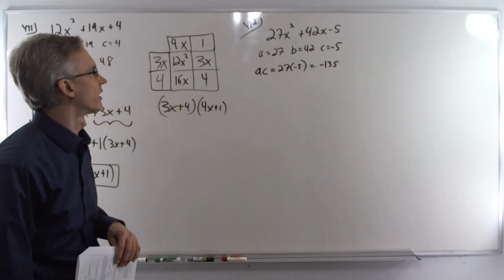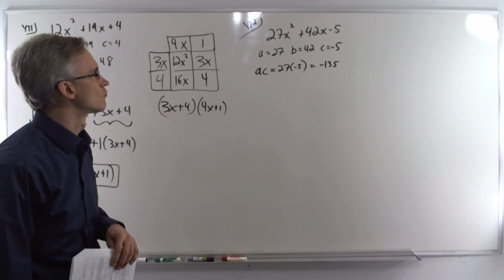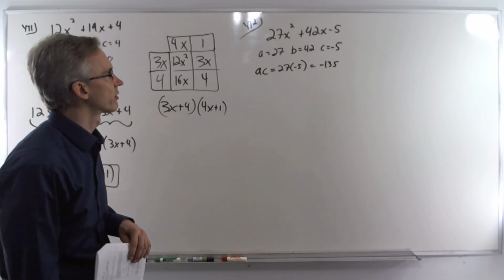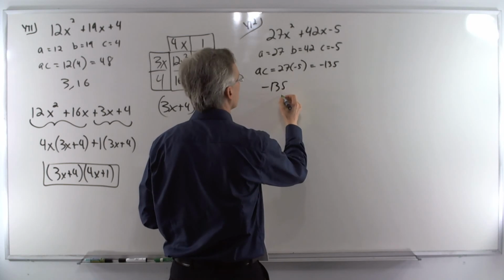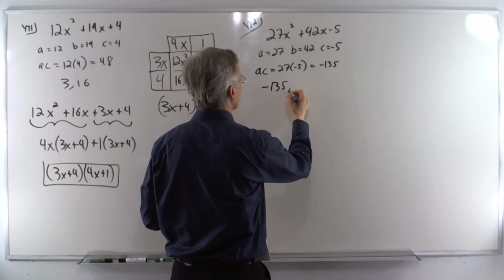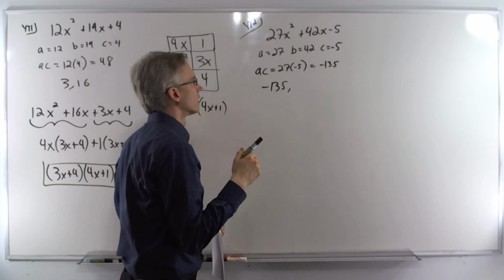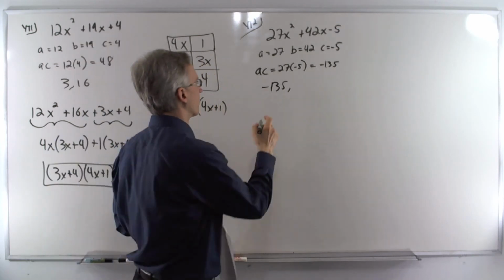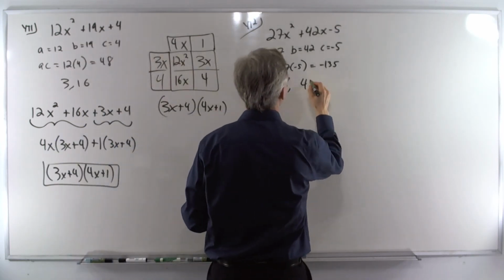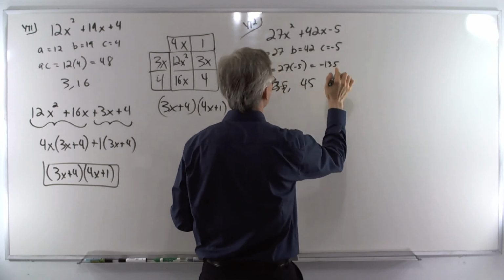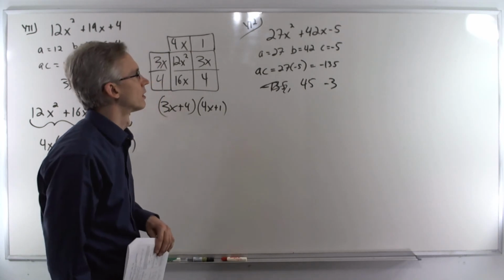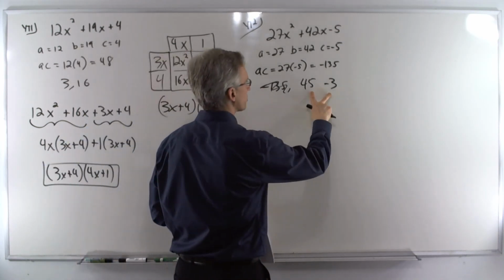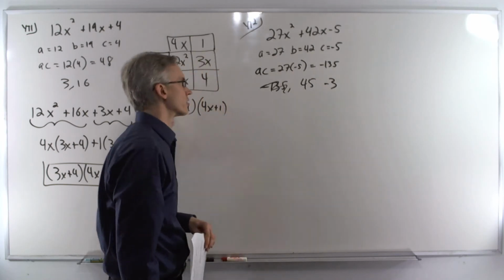That's negative 135. Now we need two numbers that multiply to get negative 135 and add to get 42. All right, so we've got 45 and 3. And then one of those has to be negative, and the smaller number has to be negative, because when we add them together, we want that positive value. So there's our two numbers.